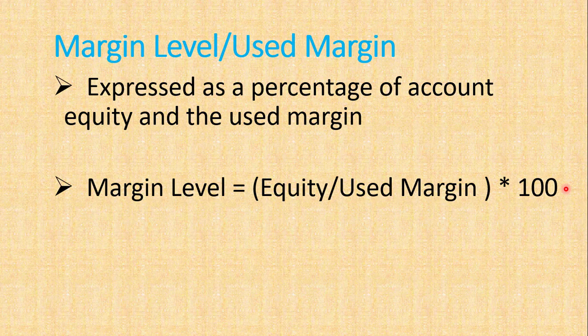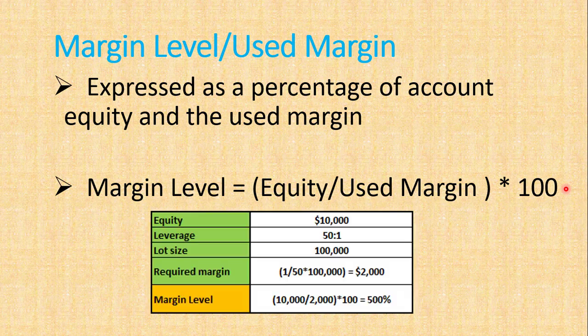And how do you arrive at it? Let's take an example here. You have an equity of $10,000 and you choose a leverage of 50:1, just continuing with the example we have had before. Then assume you want to take a lot size of 100,000 units, which is 1 lot.